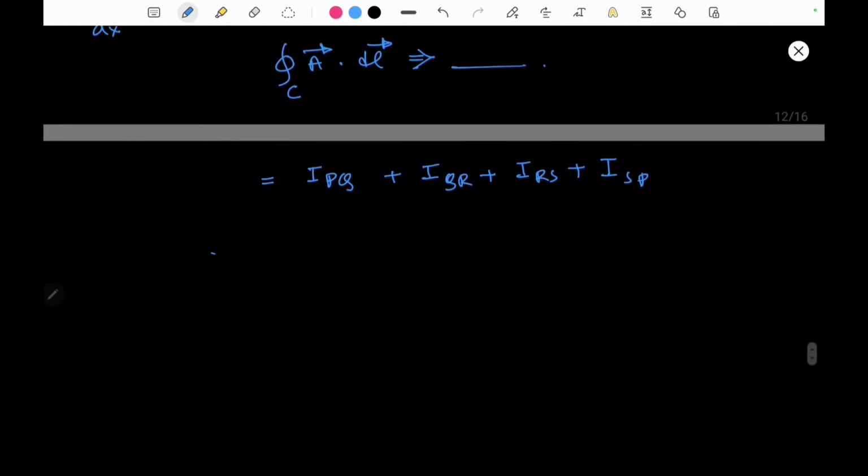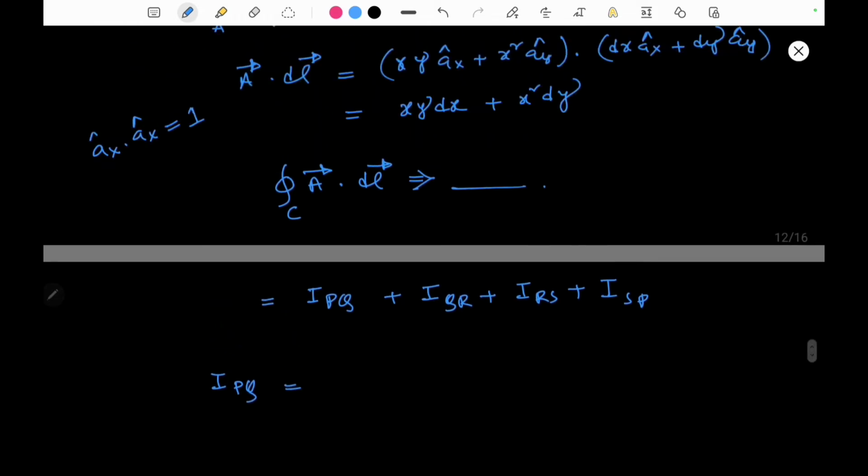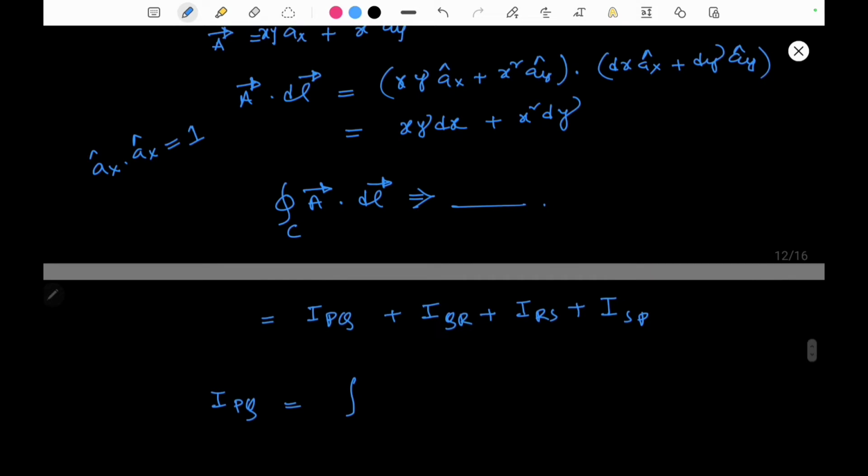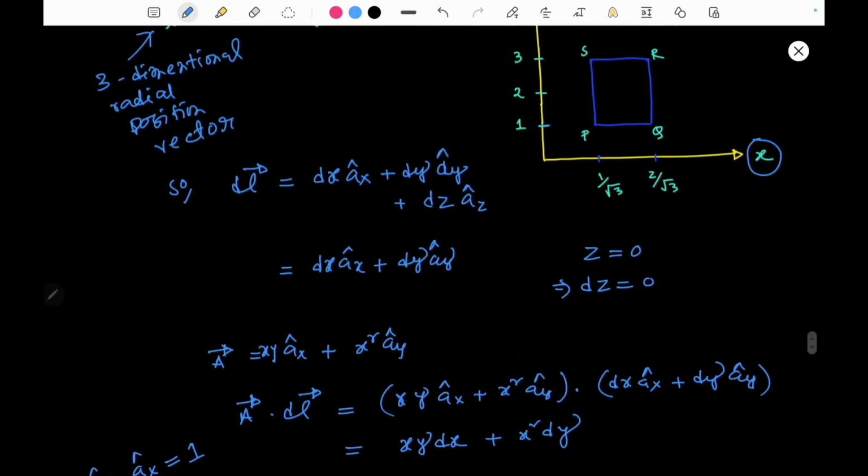So first of all we can find out this PQ. So it will be like integration, this we need to write here, but in this PQ line we can see this is constant.